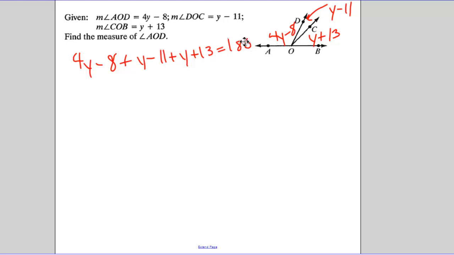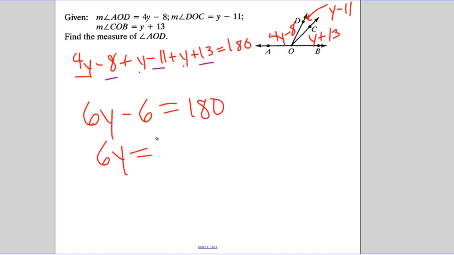Now combine like terms. I have 4y, y, and y. That's 6y. I have a negative 8 and negative 11 plus a 13. That's going to be a minus 6 equals 180. 6y equals 186. When I divide by 6, I get 31.